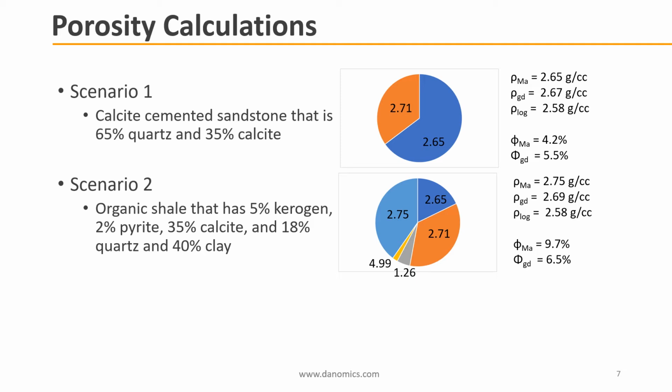Let's use that. We then look at our bulk density log, and we calculate a density porosity of around 9.7% when we use that 2.75 for our matrix density. However, if we go through the mineral inversion, it's going to tell us that our grain density is around 2.69, which tells us that in this case, our porosity is actually substantially lower. It's actually around 6.5%.